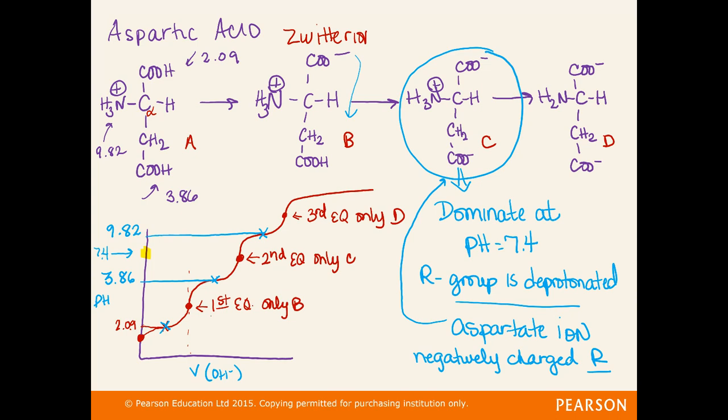That's at the first equivalence point. So the PI is going to be the average between 3.86 and 2.09. So let me average those. So I got 2.98.